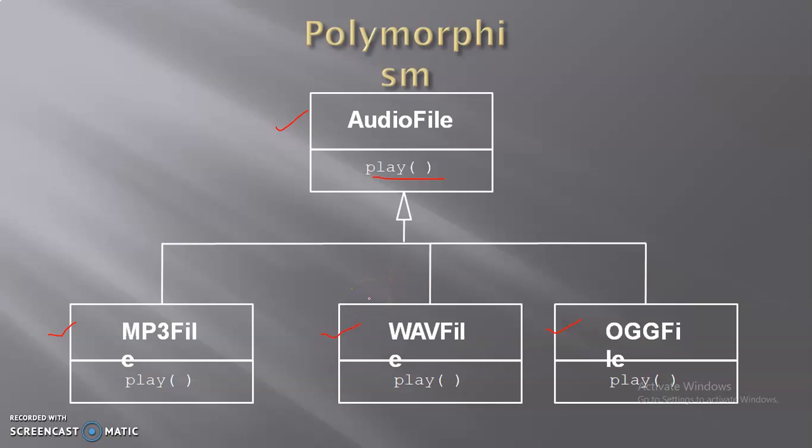This is generally used when the base classes are built-in classes, and I want to use the same method name of the built-in class but change the code of that method. Then I can use polymorphism and override the base class method in the child classes with our required code.